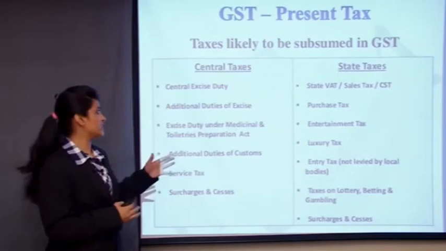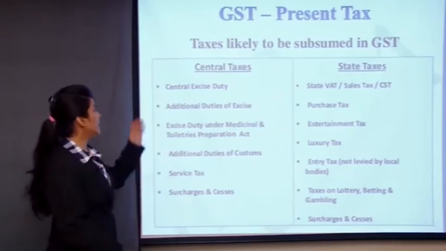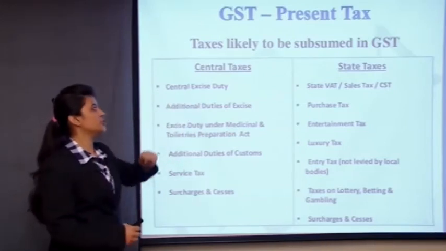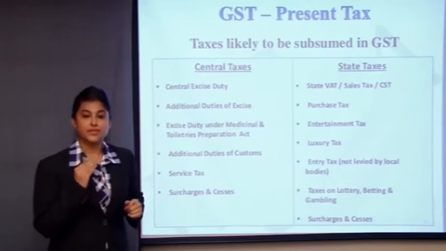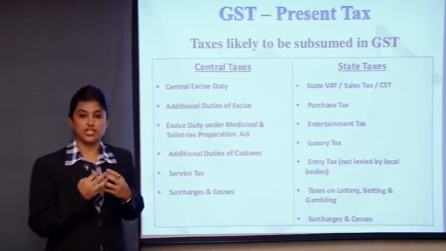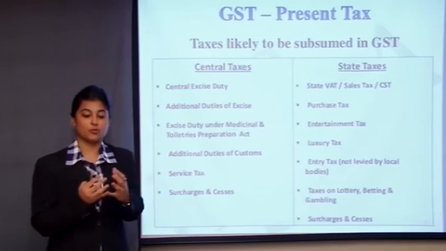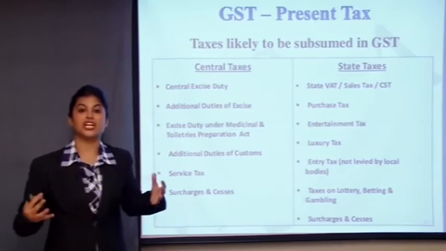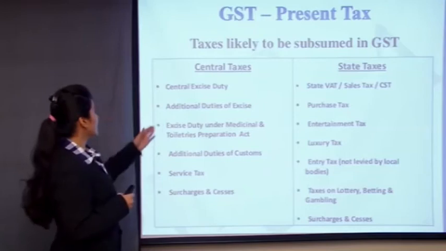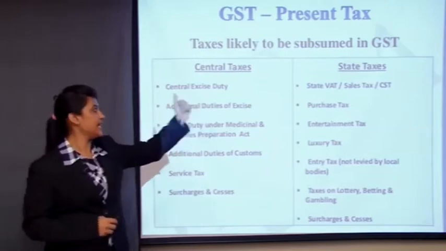The present tax structure. What is the present tax structure before GST was levied? Taxes likely to be subsumed in GST. Subsumed means the merger of all the taxes which are to be included in GST. We have central and state taxes.